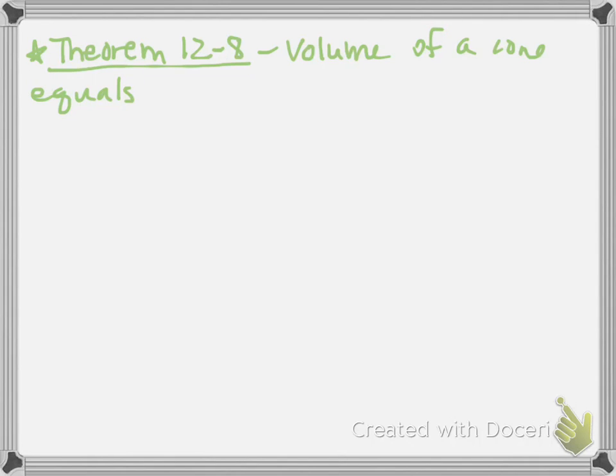Okay, it was 1/3 of the area of the base times the height of the cone. The only thing that's going to change for us is what goes in for the area of the base, which would be what? Pi r squared, right? So the volume of a cone equals 1/3 the area of the base times the height of the cone.